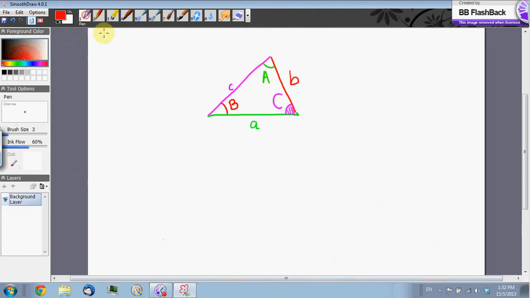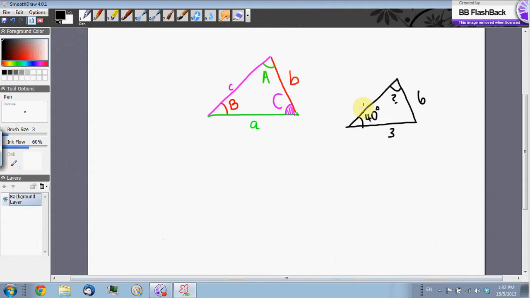We have a triangle, and this triangle can be of any shape. It has 40 degrees here. You need to find this angle, and you're given that this is 6 and this is 3.